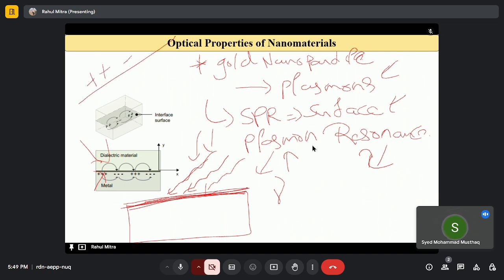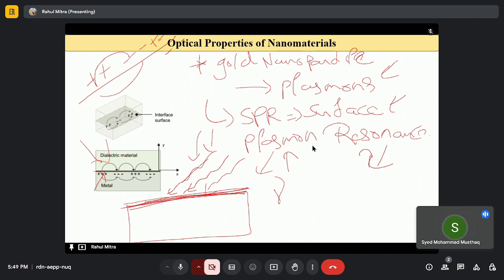There is positive, negative, again positive, negative. So alternating positive and negative charges are produced on the surface of the material, which generates an electric field. In conventional words, surface plasmon polaritons are essentially light waves that are trapped on the surface of the material as a result of the interaction between the photons of the incident electromagnetic radiation and the existing free electrons, right?